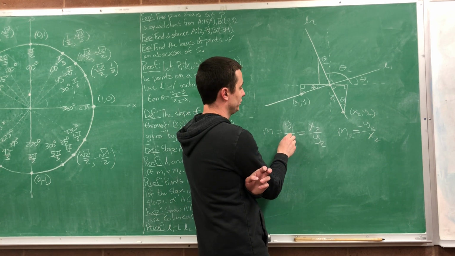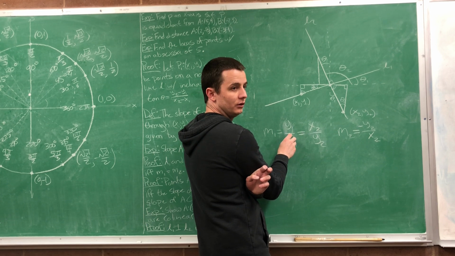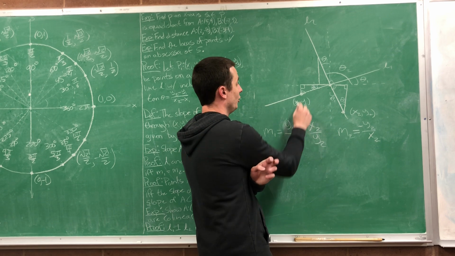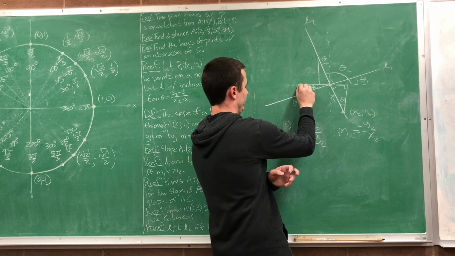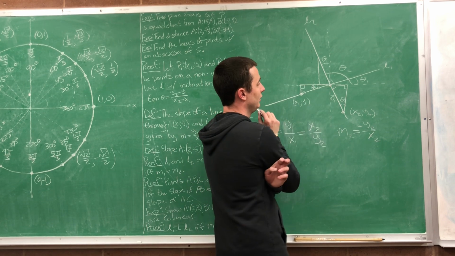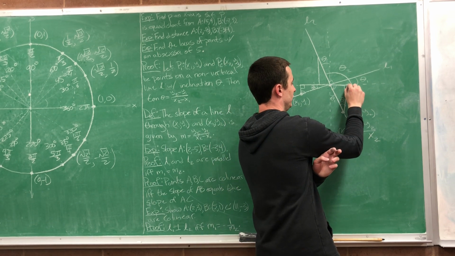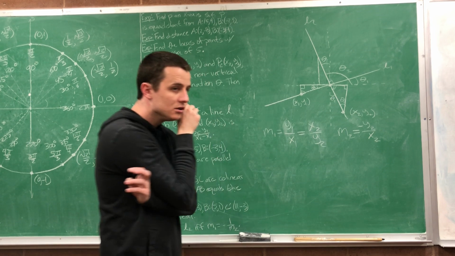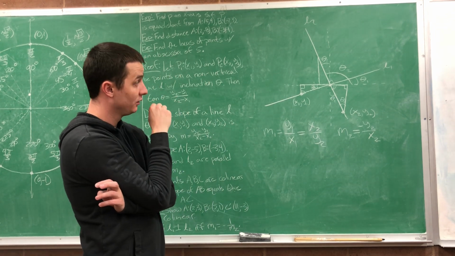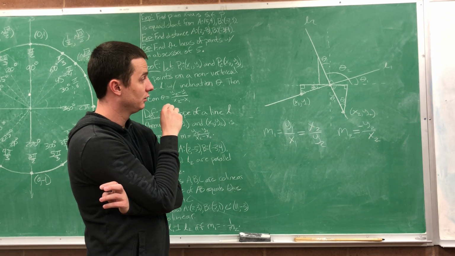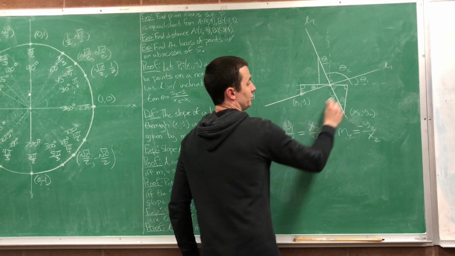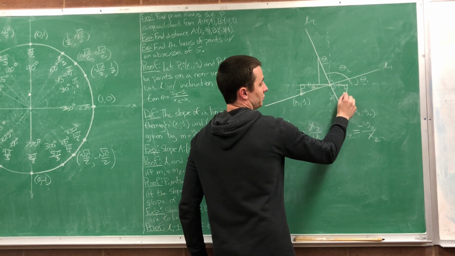Because they're similar triangles. So this side over this side has to be equal to this side over this side. Those aren't corresponding parts though. They are. This corresponds to this, and this corresponds to this.